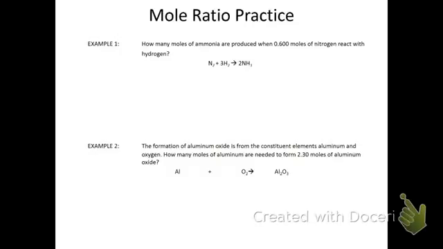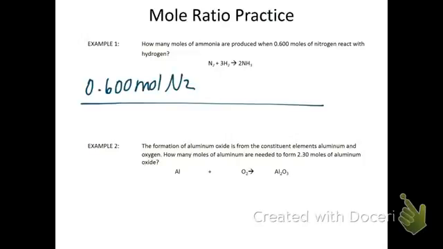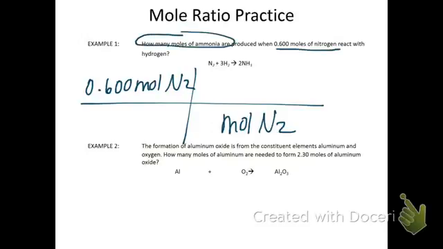Okay? So we're going to start with this 0.6 moles this time of nitrogen. Again, whatever unit I wrote down, I'm going to put it in the next step on the bottom. And so that was moles of nitrogen, and it wants to know how many moles of ammonia are produced. So we'll put moles of ammonia on the top, and then we go look at our balanced equation, and we get those numbers.